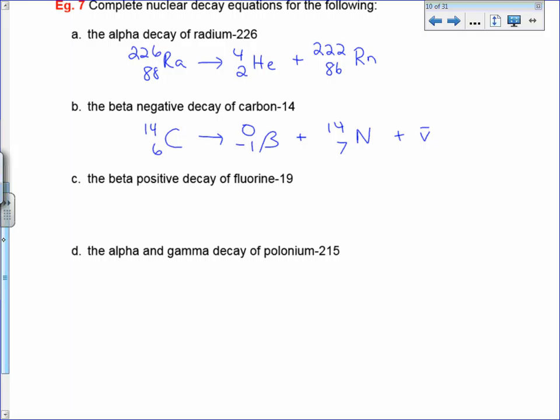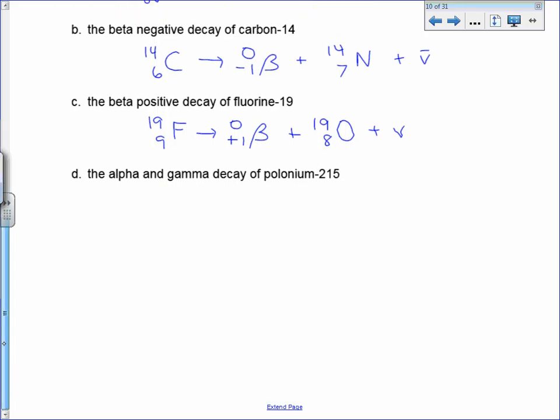Beta positive decay of fluorine-19. So 19F, and fluorine is 9. Beta positive, so 0, positive 1 beta plus, 19, and then element 8, which is oxygen, plus a neutrino. And then alpha and gamma decay of polonium-215.